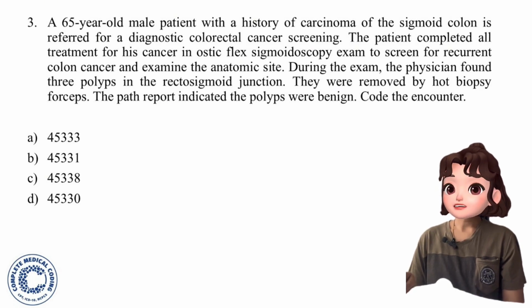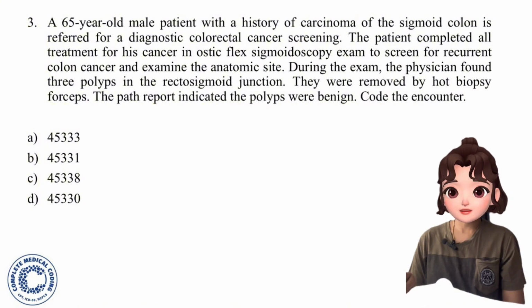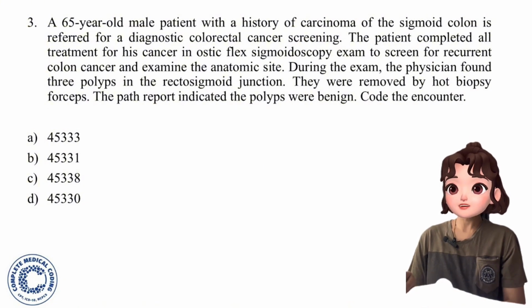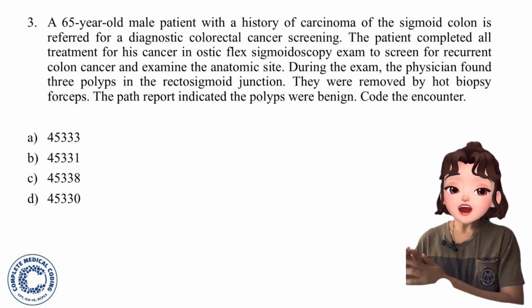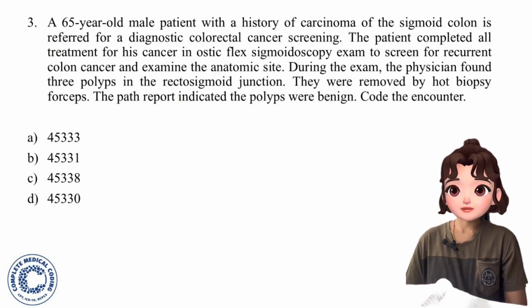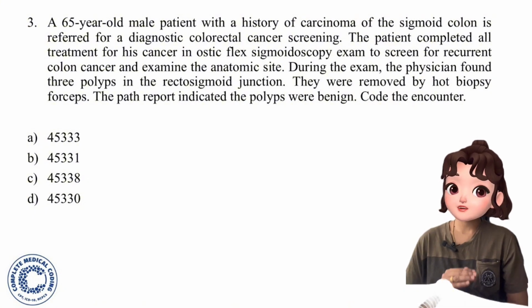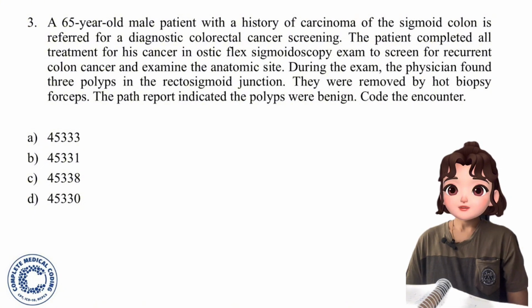Check the second line. The patient completed all treatment for his cancer and underwent a flexible sigmoidoscopy exam to screen for recurrent colon cancer. So, how was the colon cancer screened? By doing a sigmoidoscopy examination. So sigmoidoscopy is the procedure that you have to code.